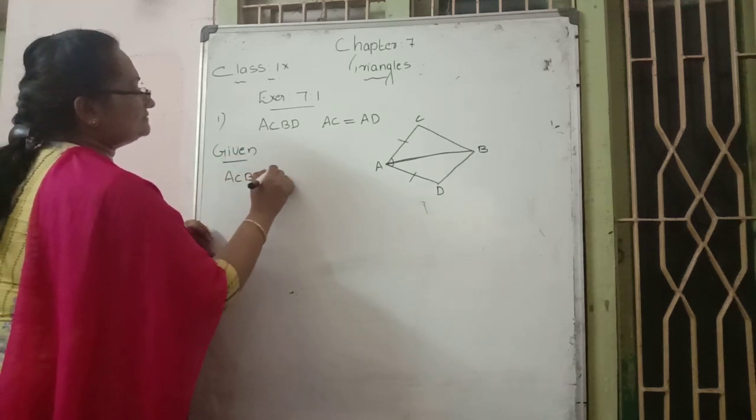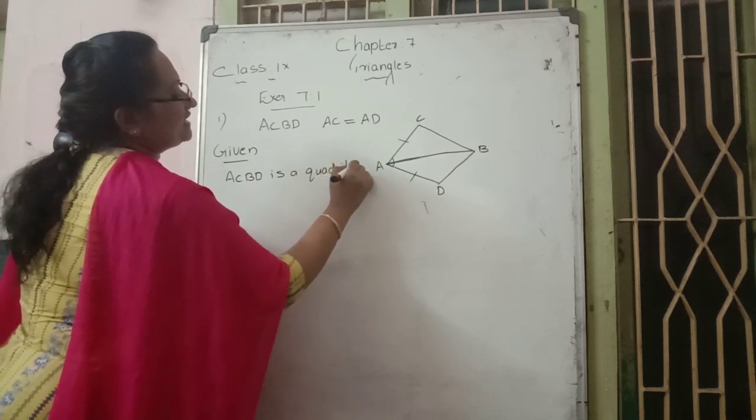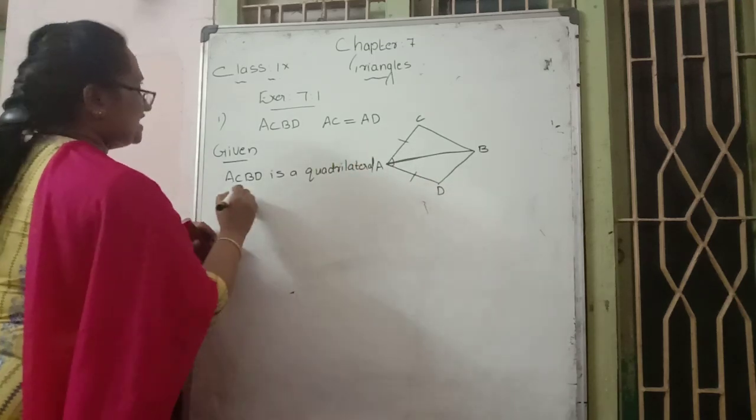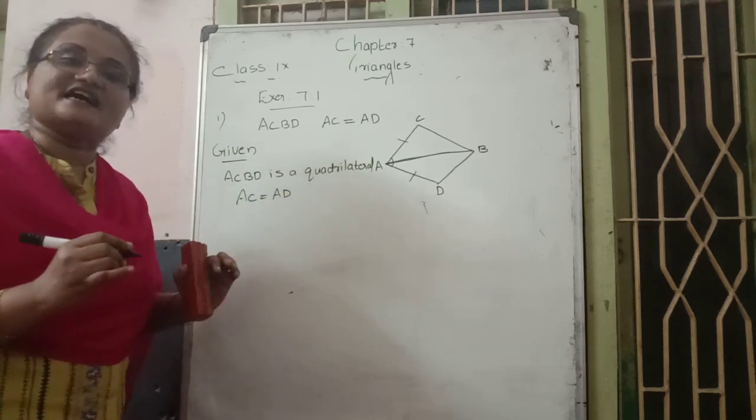ACBD is a quadrilateral. They have given us a quadrilateral. Next, what have they given? Two sides, the AC side and the AD side, are equal.